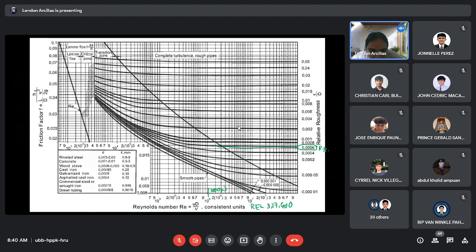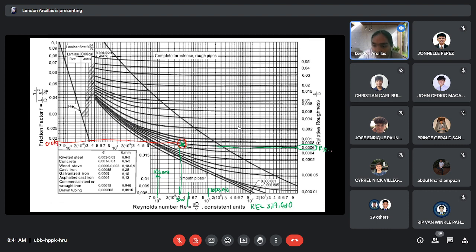So this is 100,000, this is 1 million. See? So this is 500,000, right? So this is 300,000. So our Reynolds number of 317,000 is somewhere here. When you connect that, from this 300,000, you'll get the friction factor, 0.019, I think.